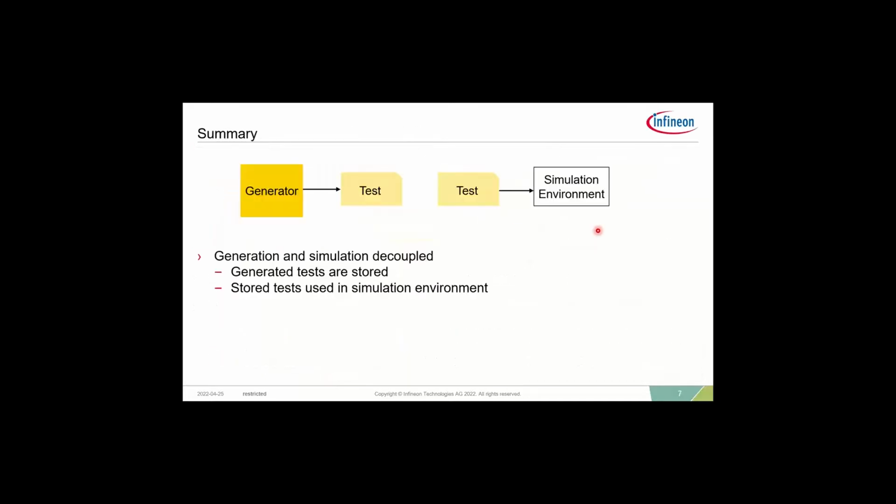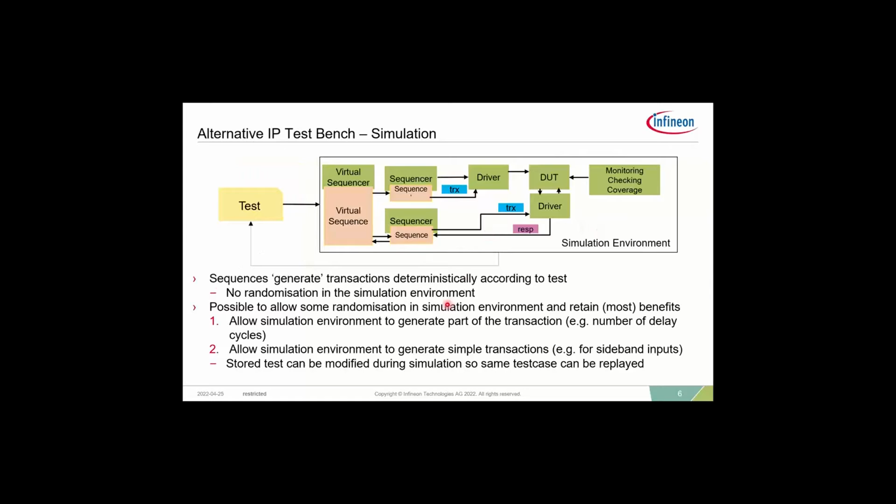So we move on to the simulation part of the alternative test bench. Now the test is read in by the simulation environment. I've still got sequences here, but these sequences aren't doing any randomization. I've bordered them in yellow to show that they're different from the sequences in the standard closely coupled test bench.